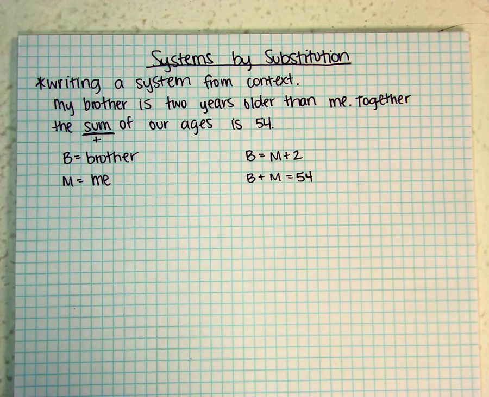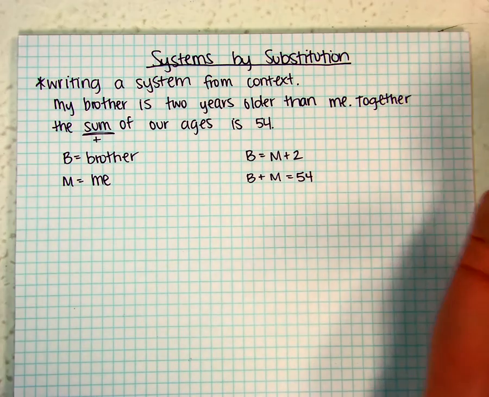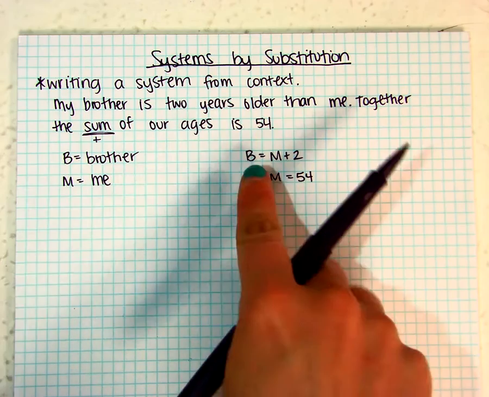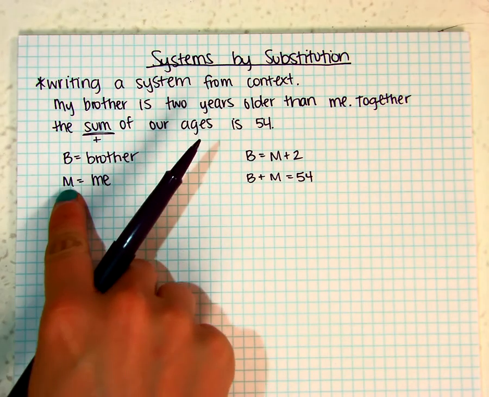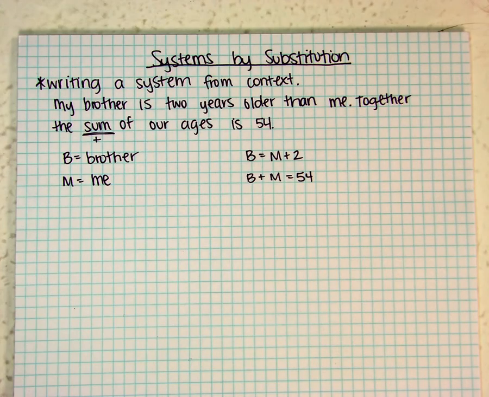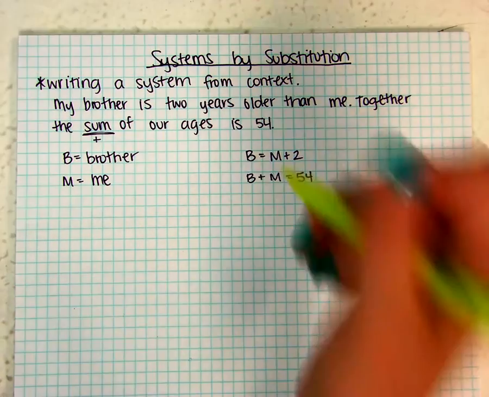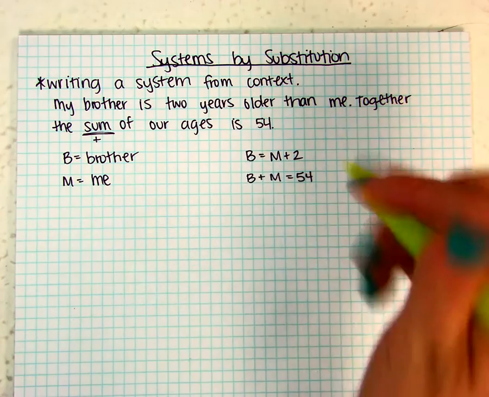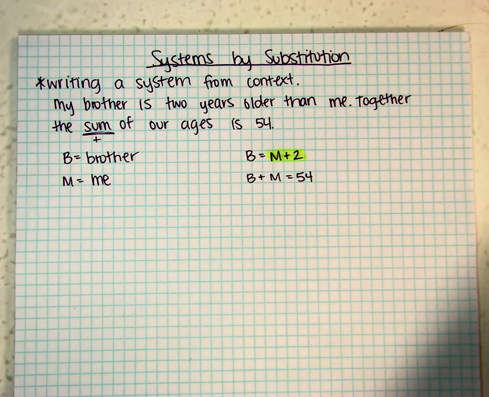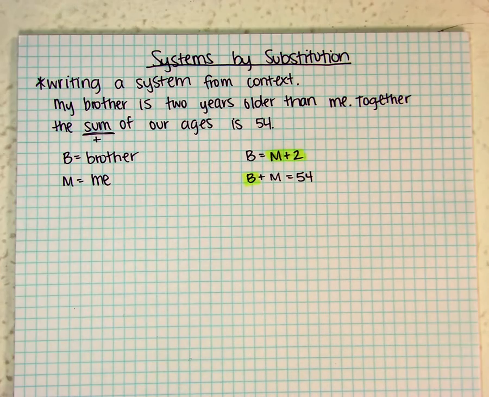Now, we're going to use this thing called substitution. It is best used when one variable, either the b or the m in this case, is by itself. So I see this one, the b is all by itself, so it equals m plus 2. Well, I can plug that in for this b down here.